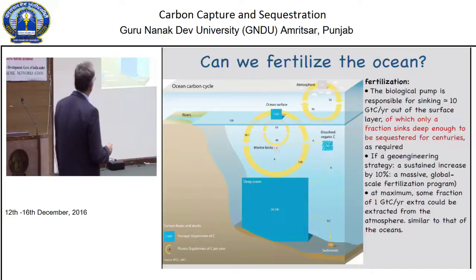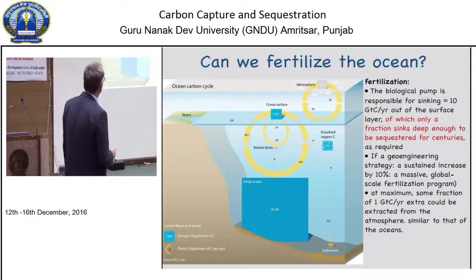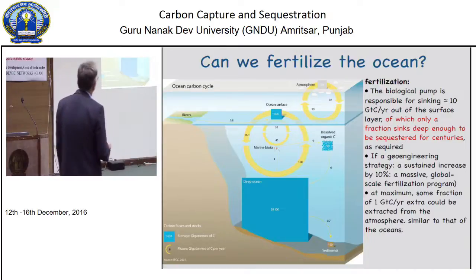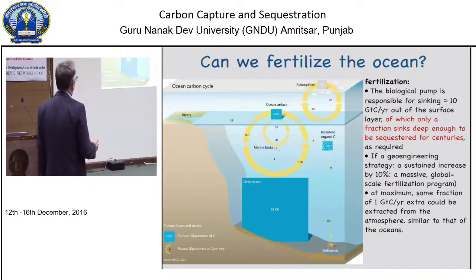If you look at these circulation patterns for CO2 in the near surface and what happens with dissolved organic carbon, this biological pump we refer to in these carbon cycles has to do with the glacial ages. And this pump is really only about 10 gigatons per year, and only a fraction of that is associated with the amount of carbon to sink, a fraction of which sinks deep enough to be sequestered for centuries.